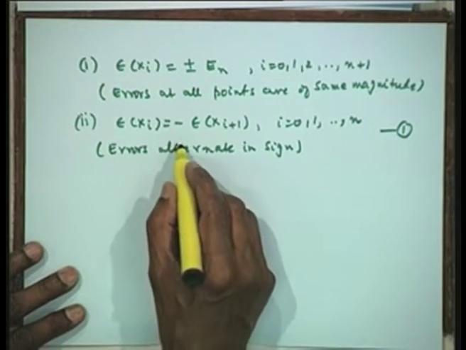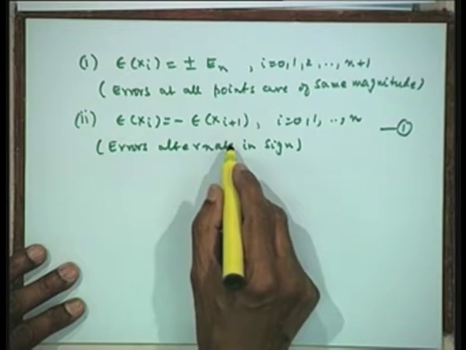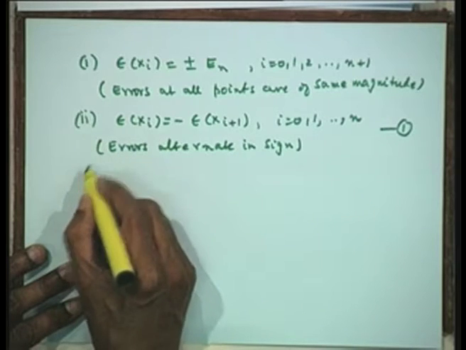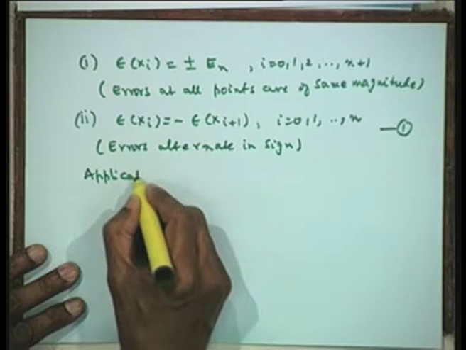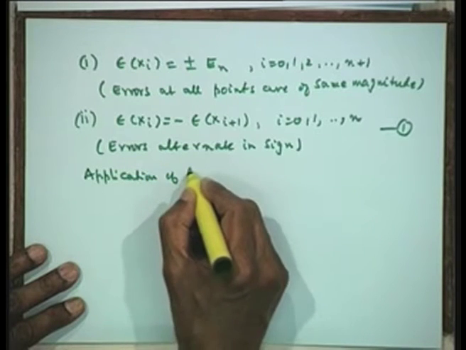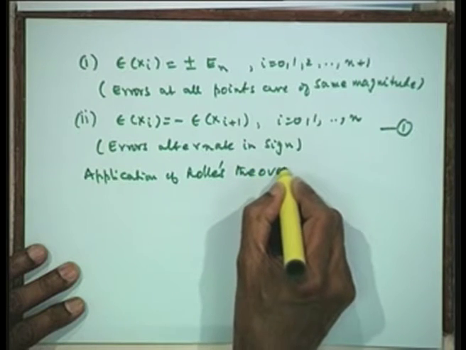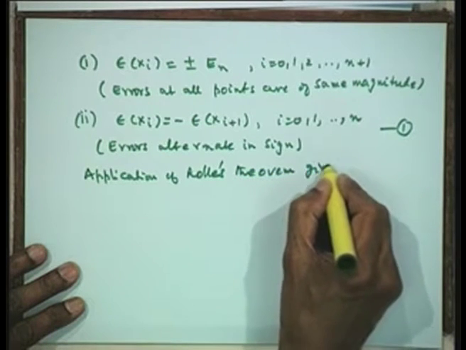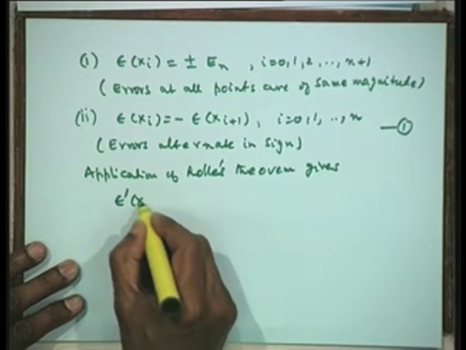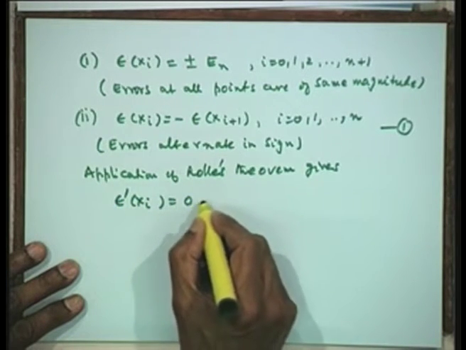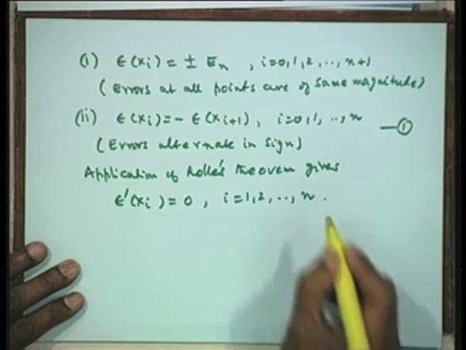Now, this second part would give us the application of Rolle's theorem. So, we can now state that this implies application of Rolle's theorem gives that derivative at x i is equal to 0, i is equal to 1, 2, 3 to n.